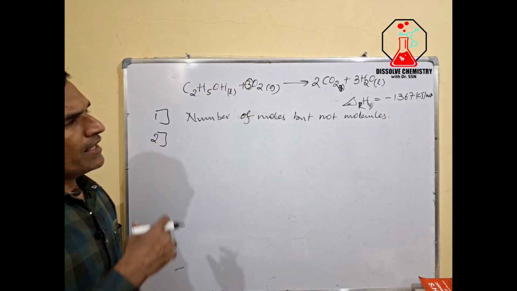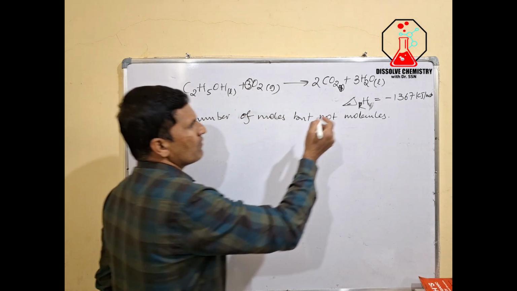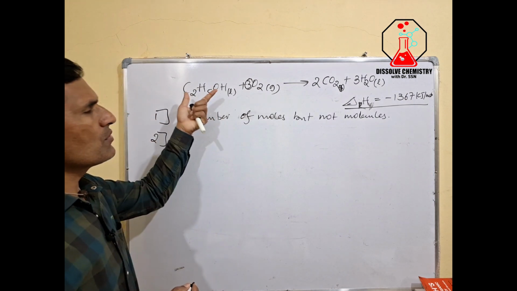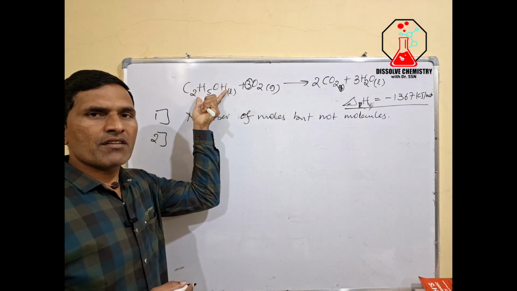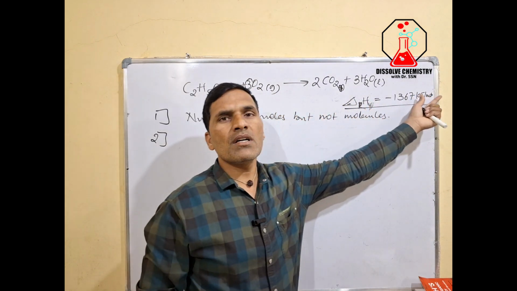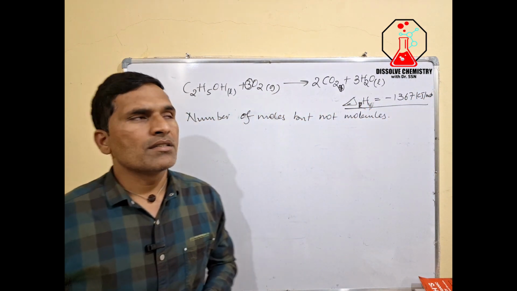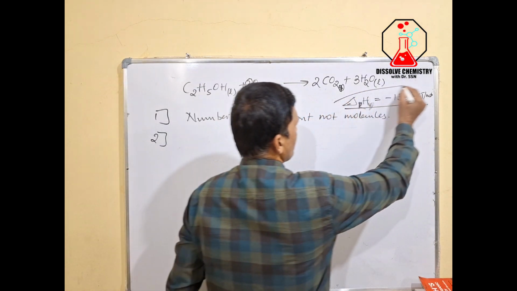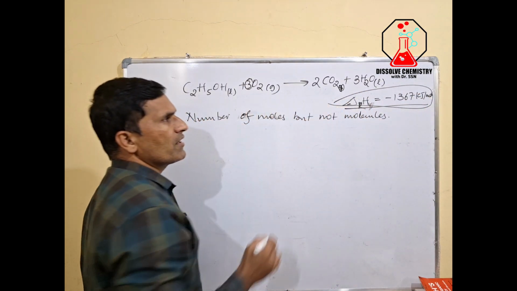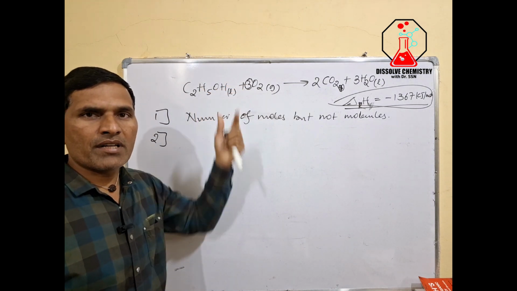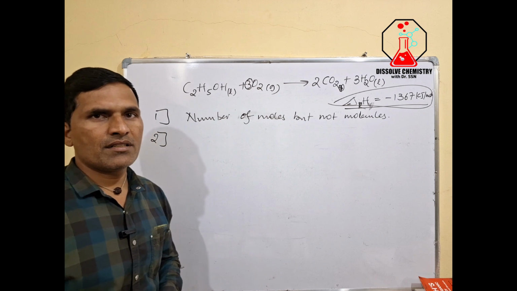And the enthalpy change that we have mentioned here is always corresponding to the stoichiometric coefficients mentioned here, not per mole. So whatever enthalpy change for a reaction is mentioned in the thermochemical equation always corresponds to the stoichiometric coefficients we have taken in the reaction.